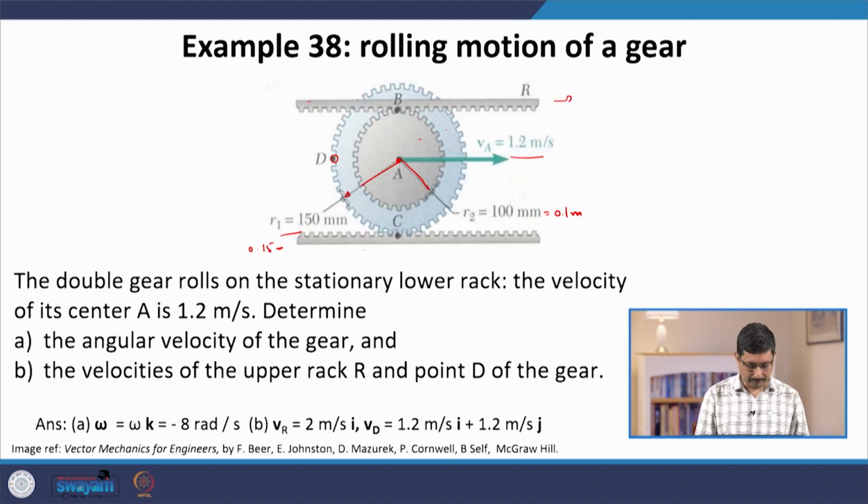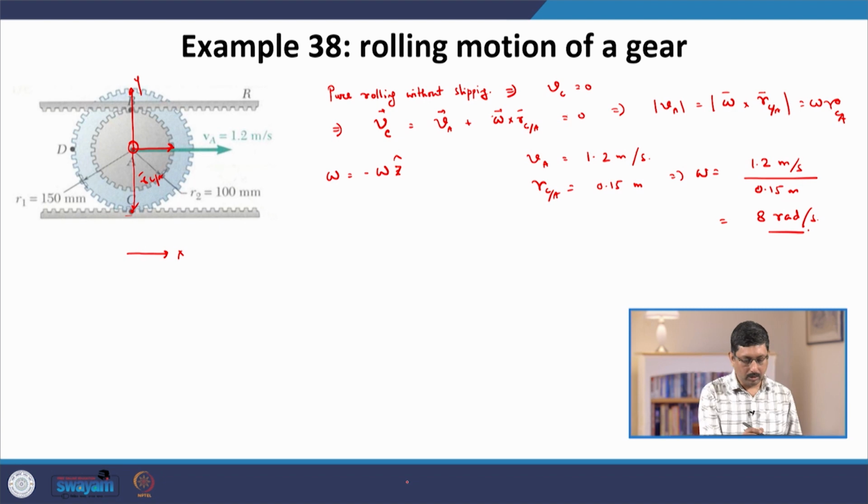Now we want to find the velocity of the upper rack R and the point D of the gear. The upper rack has the same velocity as the point of contact between the smaller gear and the upper rack. So V B is going to be V A plus the relative velocity.